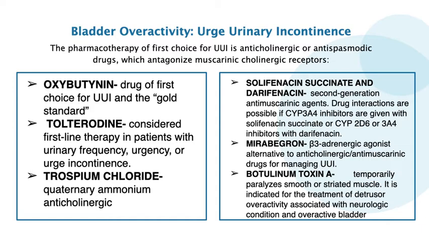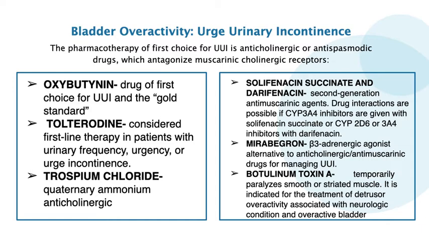tolterodine, which is also considered first-line therapy in patients with urinary frequency, urgency, or urge incontinence. We have also trospium chloride, which is an anticholinergic, solifenacin succinate, and darifenacin, which is a second-generation antimuscarinic agent.